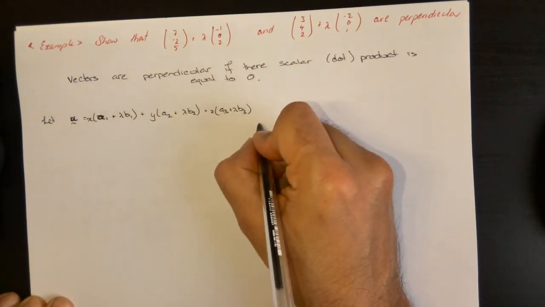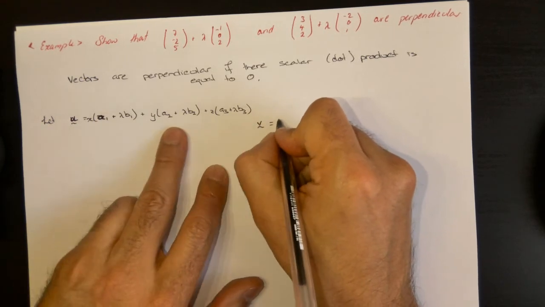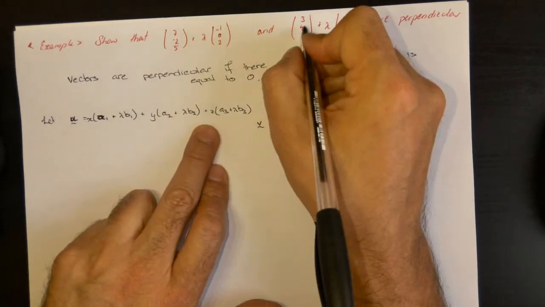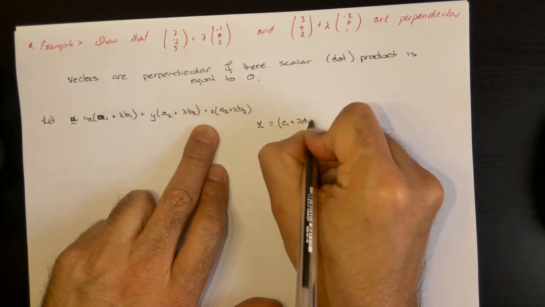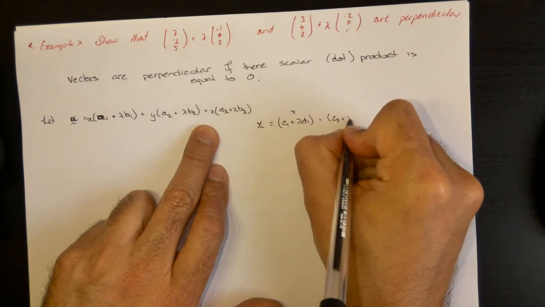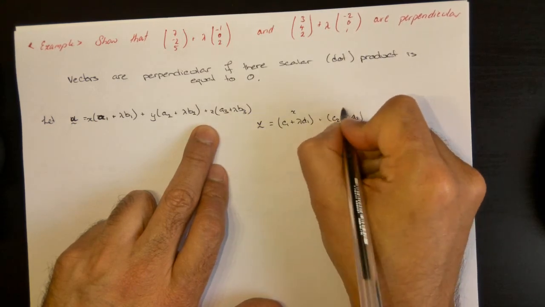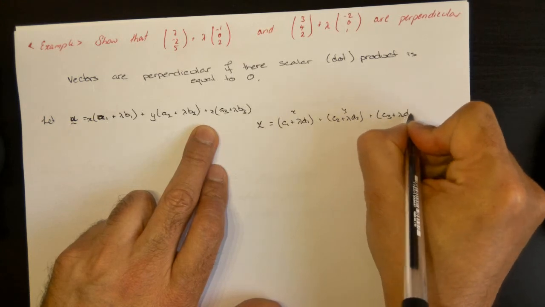And let's say I had another vector, right? Let's call it these c and d. So c1 plus lambda d1, that's our x, plus c2 plus lambda d2, plus c3 plus lambda d3.